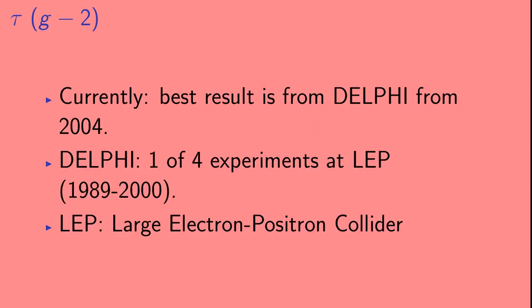So currently, the best result for g-2 of the tau is from the DELPHI experiment from 2004. DELPHI was one of the 4 experiments at LEP, which ran between 1989 and 2000, and LEP was the Large Electron-Positron Collider, and it was located in the tunnel where the Large Hadron Collider is now.